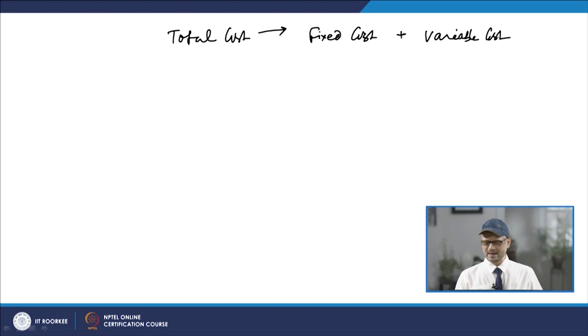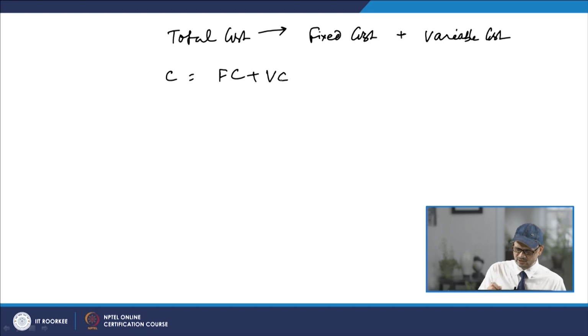So, we have total cost C, which will be known as the fixed cost plus variable cost. We normally define that.